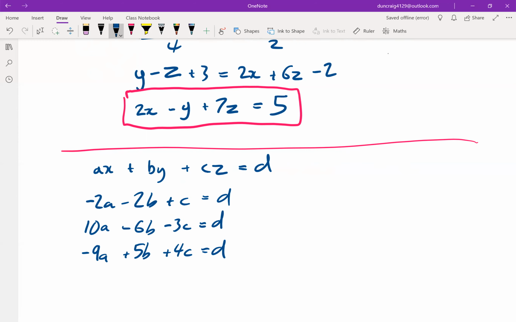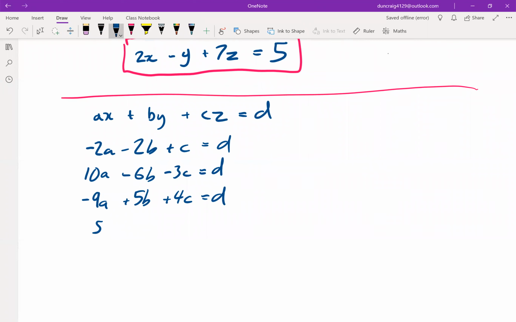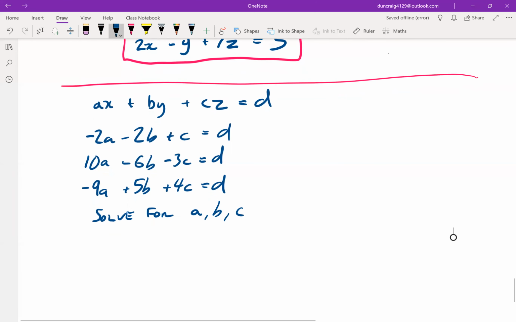Okay, now we can solve for a, b, and c. That would give us three different values here. So a is equal to 2d over 5. B would equal minus d over 5. C would equal 7d over 5.